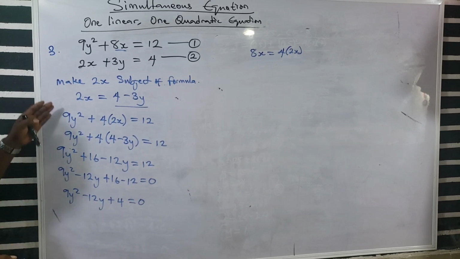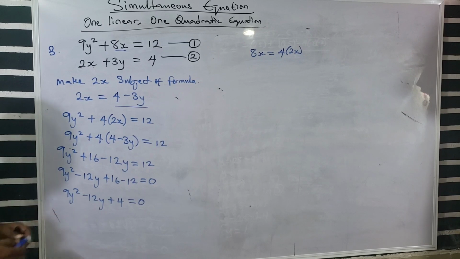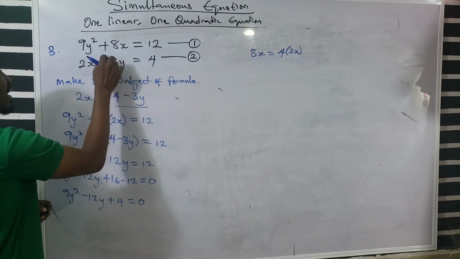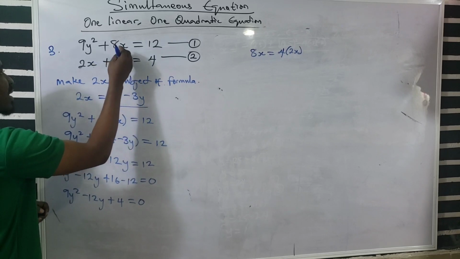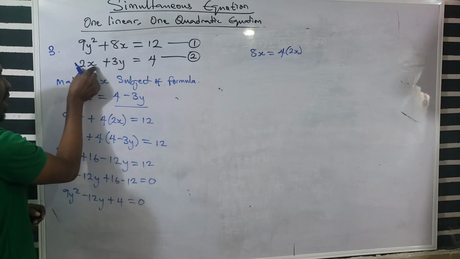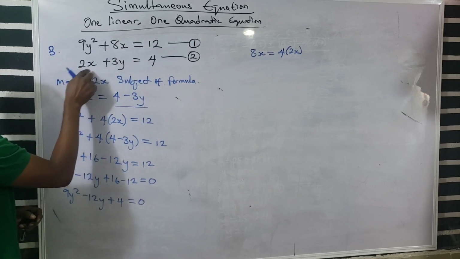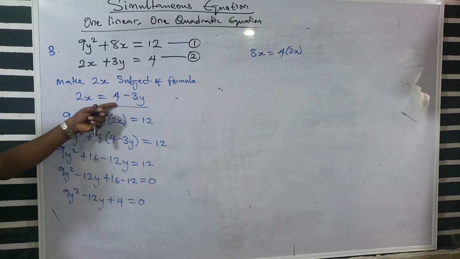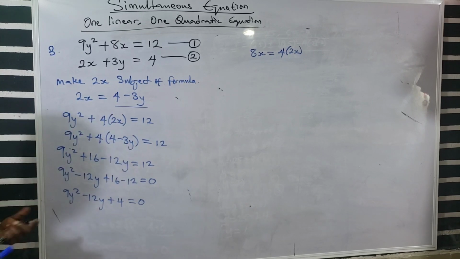So you can see how we have solved that particular problem. We first of all find out whether there is a common factor that we can bring out from the quadratic equation that will actually give us one of the expressions we have in the linear equation, which we have done that.